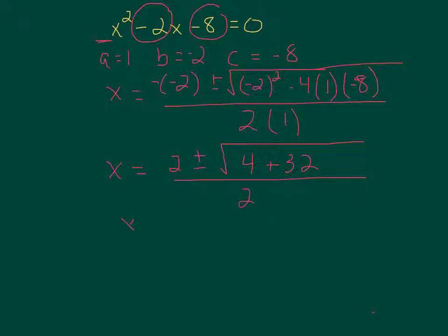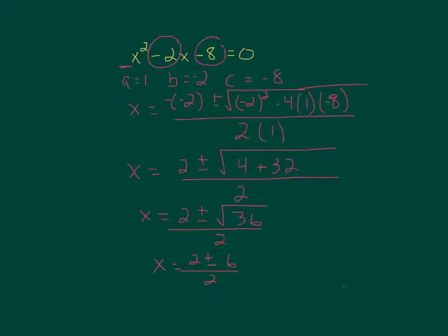So then you get x equals 2 plus or minus the square root of 36, all over 2. And then you get x equals 2 plus or minus 6, all over 2. Let me shrink this down a little bit and give myself some room.